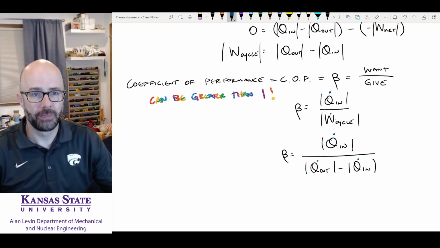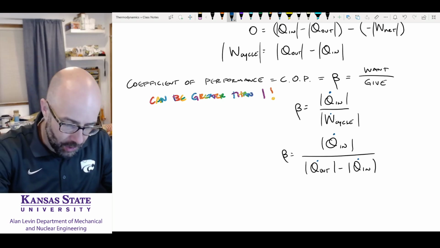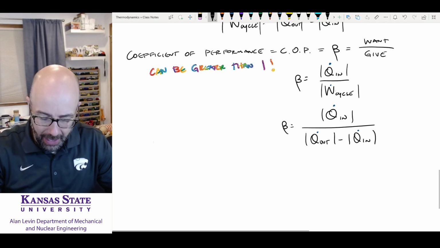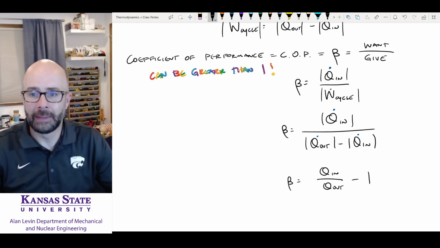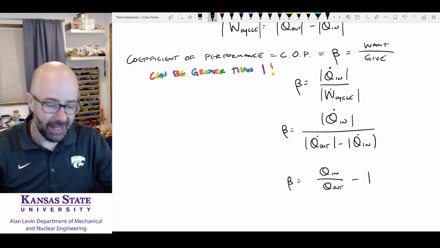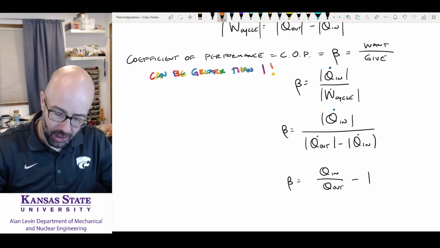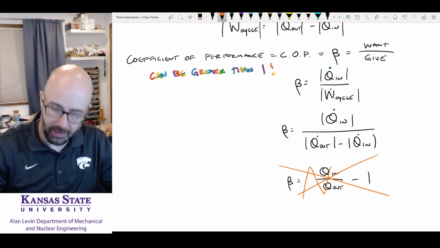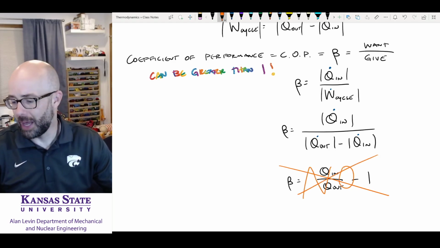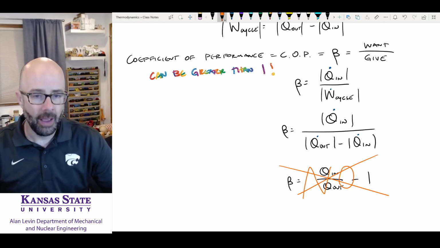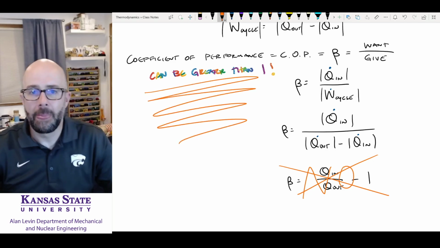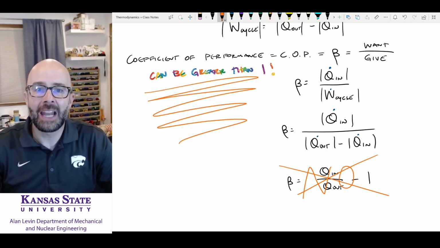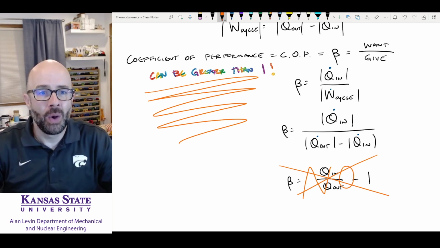One thing we can't do, which a lot of students will do, is write beta equal to Q in all over Q out minus 1. That's bad algebra. This is a big no. Don't make that mistake. The big thing here is that beta, the coefficient of performance, can be greater than 1.